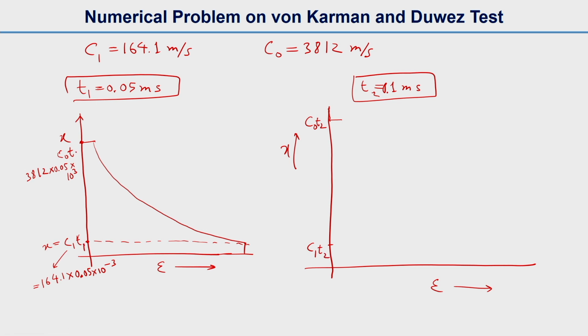I'll write C1 t1 here. So the wavefront would look taller. As you know, this C naught t2 will be twice as high as this one. So that's the difference here.